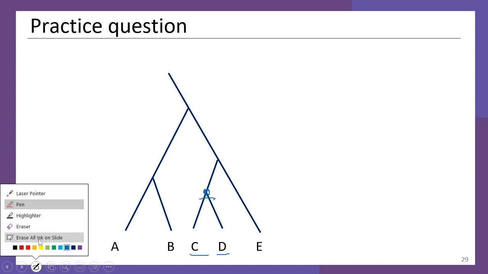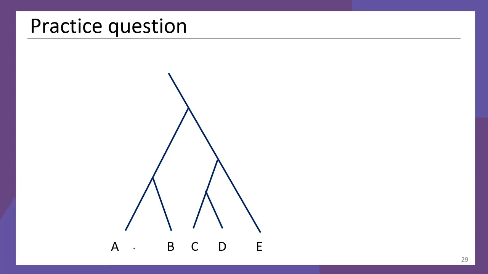Or for example, I could take A and B and their most recent common ancestor here. And then I'm taking a monophyletic group as well because it's one thing and then all of their descendants.